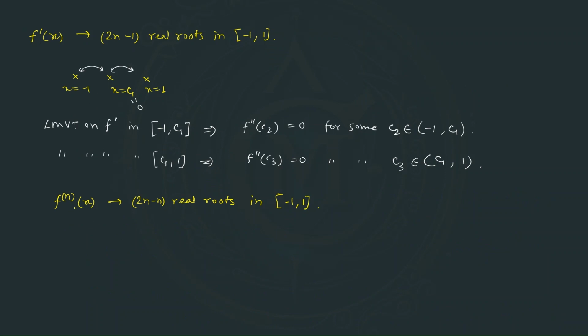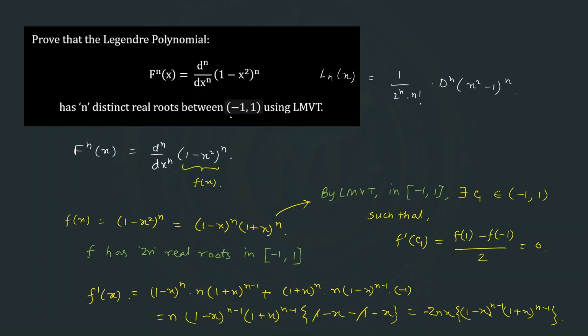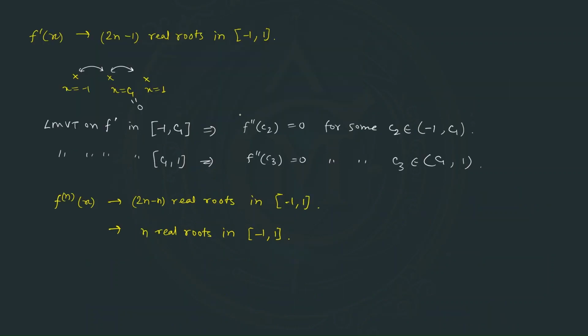So the nth derivative of this function small f of x will have n real roots in closed minus 1 to 1. But in the question it says it has n distinct real roots in open interval minus 1 to 1. So we have to check whether x equal to minus 1 and x equal to 1 will be the roots of this function fn of x or not.